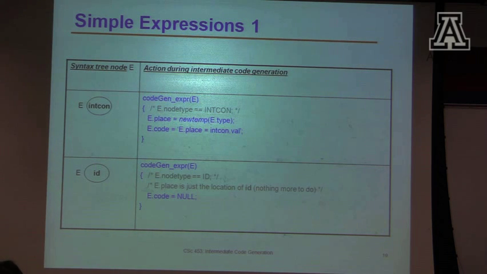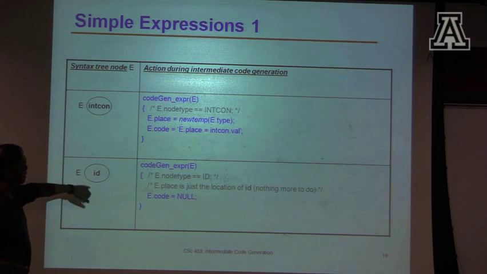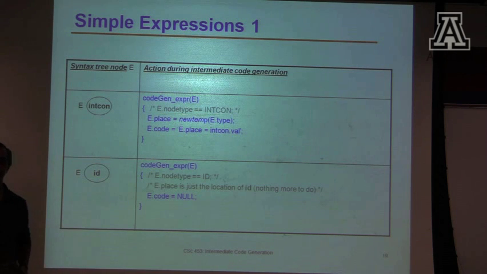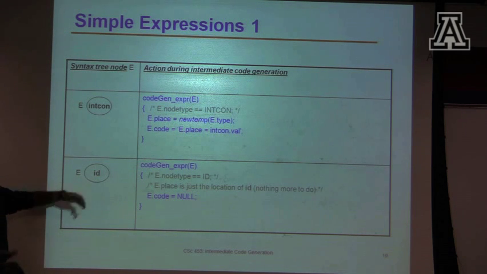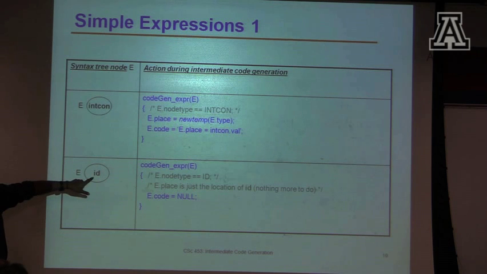If I have an identifier, so this is a variable, and remember by this point we've finished type checking, so we know that this is something that I can assign to, or I can take the value of. This is an identifier that's of the appropriate type. So code generating for this expression is, well, if it's an identifier, it's got to live someplace. There is a symbol table entry for that identifier already.